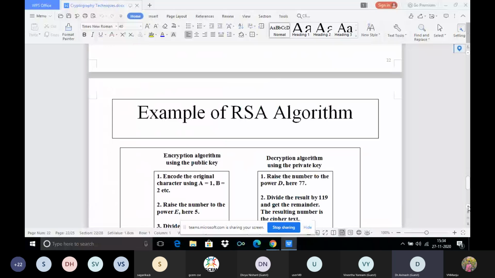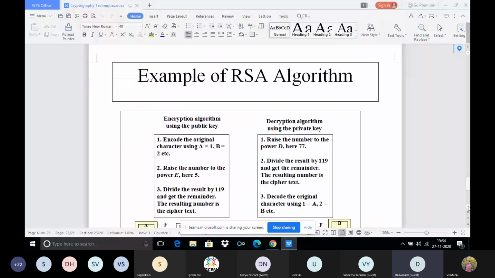Examples of the RSA algorithm we have to discuss here. The first example of the RSA algorithm is an encryption algorithm using the public key and a decryption algorithm based on the private key.